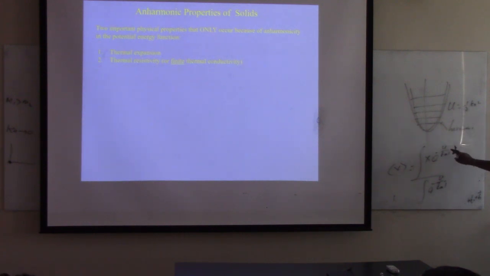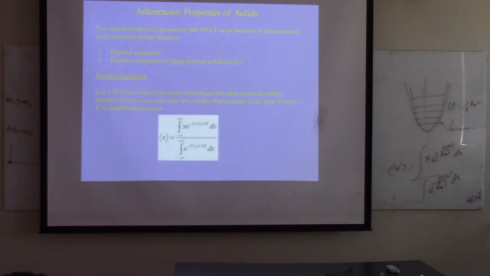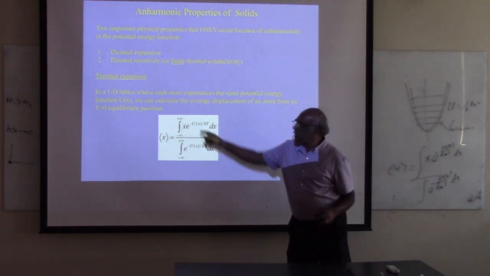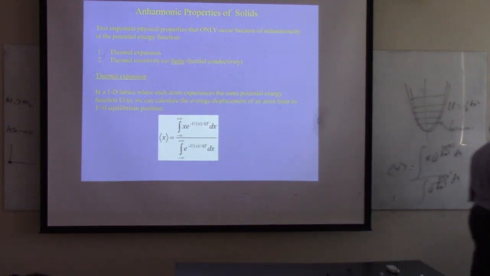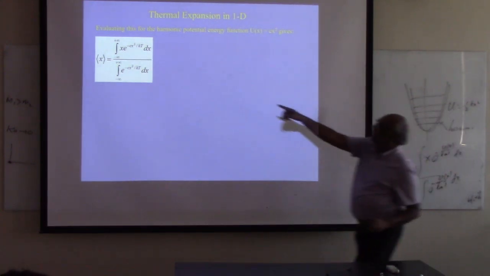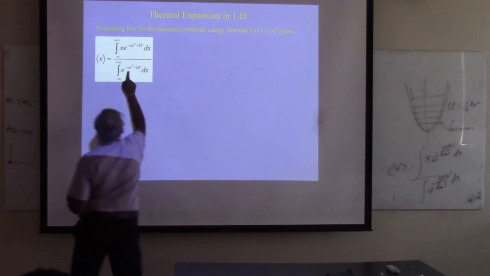But in this case, what is your energy? U(x) is half k x squared. So if you plug that in, you can easily calculate this x value, this x times e to the minus U over kBT. So for U(x), just plug in half k x squared. If you do that, what do you get? This is c x squared.